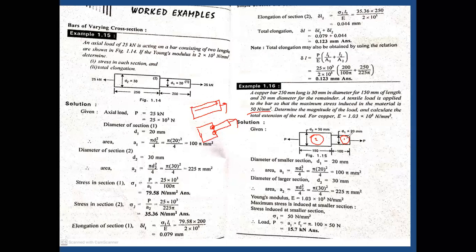At portion 1, the maximum stress will be 15 Newton per mm square. So as per the given data, P equals A into F, where F is nothing but the stress sigma. The load will be 15.7 kilonewtons.